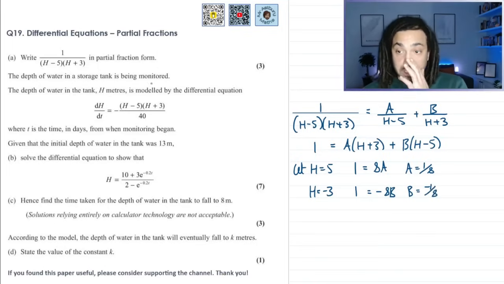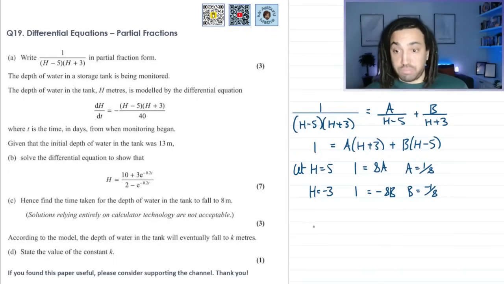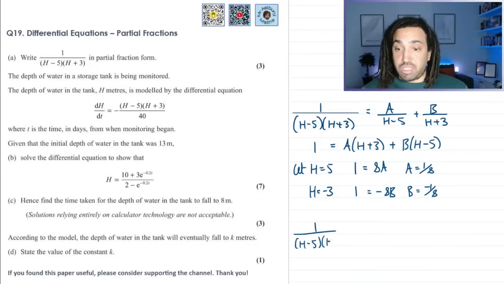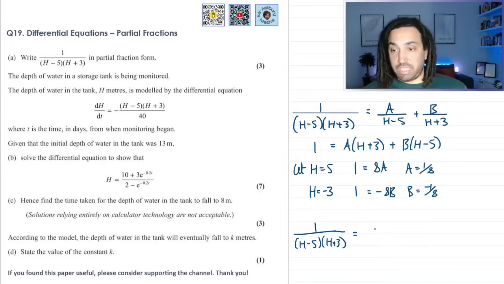So it does ask us to write it in partial fraction form. So my final answer should be that this should equal, you could write it in one or two ways.